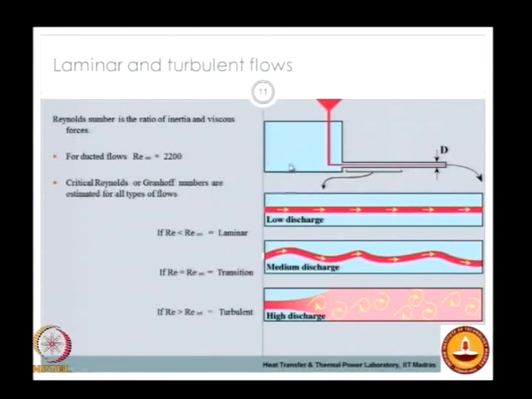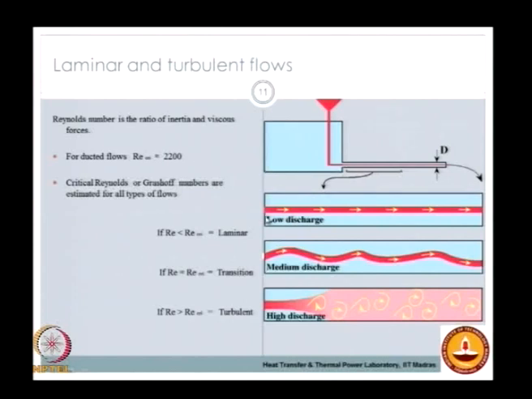This is similar to what Reynolds did in his dye experiment, where he injected dye into the flow of fluid, varied the Reynolds number and saw the path taken by the dye. So you can visualize exactly the path of the dye according to the fluid behavior.